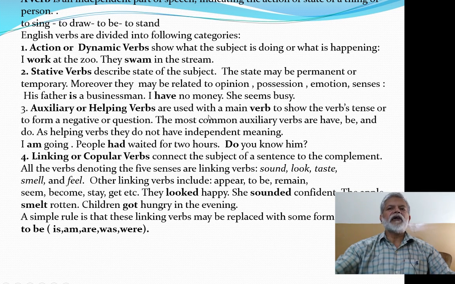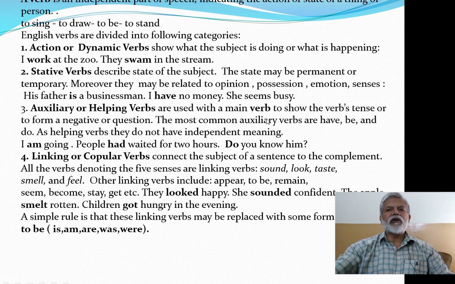So they are used with the main verb to show the verb's tense. They indicate the tense of that main verb or to form a negative or question. Sometimes in some tenses we use helping verbs to make negative or questions.